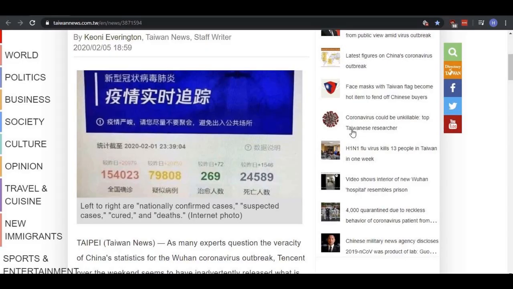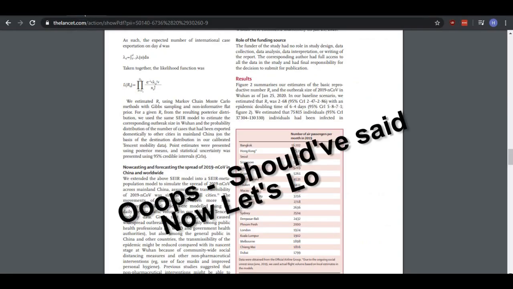Okay, so now that you've seen how easy it is to edit the photo, let me tell you why there is also a possibility that this very well could be real. Let's take a look at this number over here, nationally confirmed cases. They're saying 154,023, but this was from the Lancet.